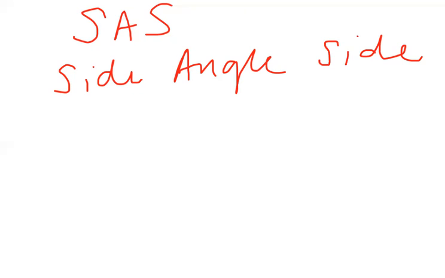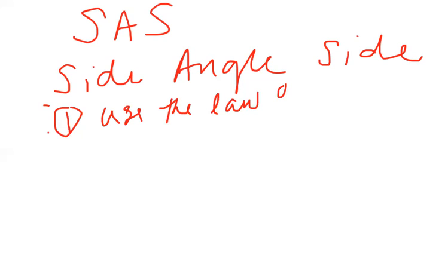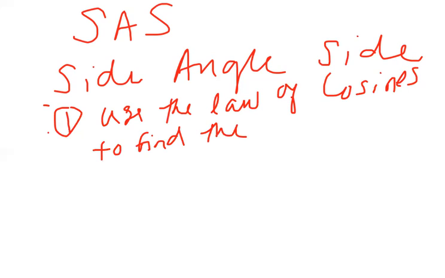So the first step would be to use the law of cosines to find the side opposite the given angle. So once again, step one is to use the law of cosines to find that missing side.